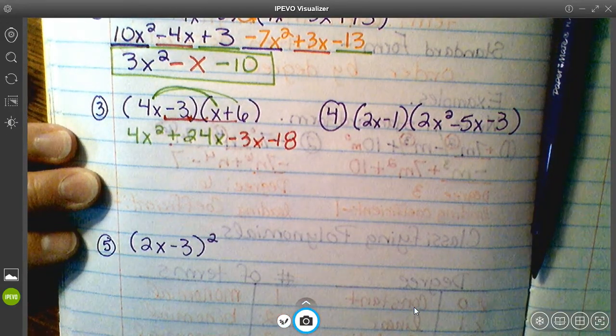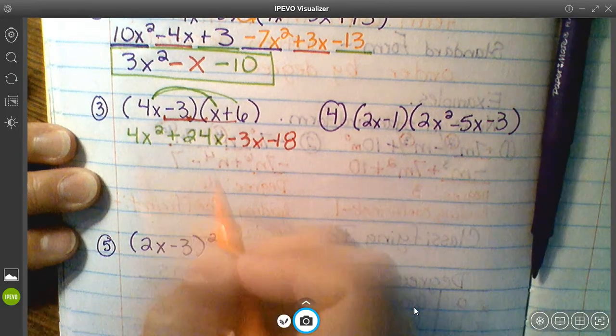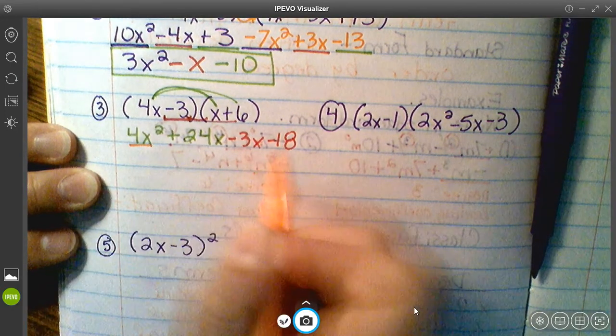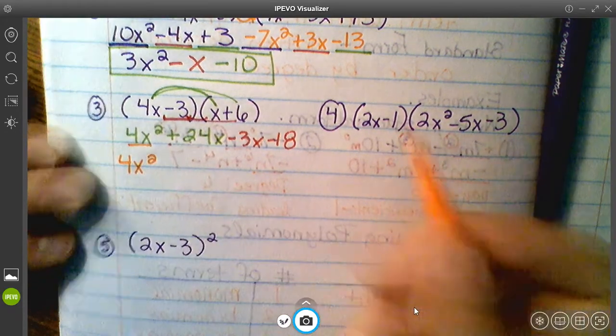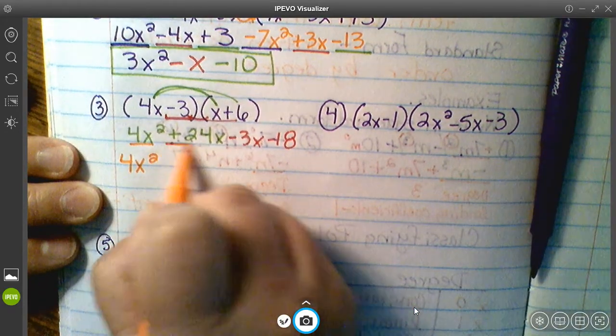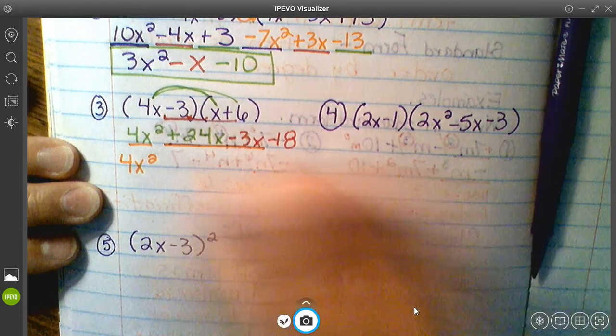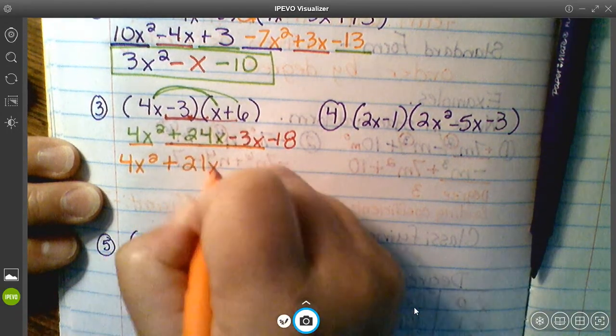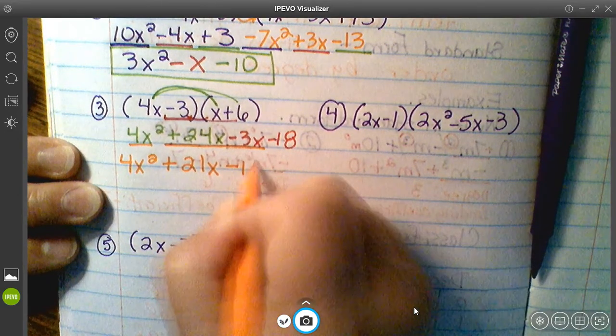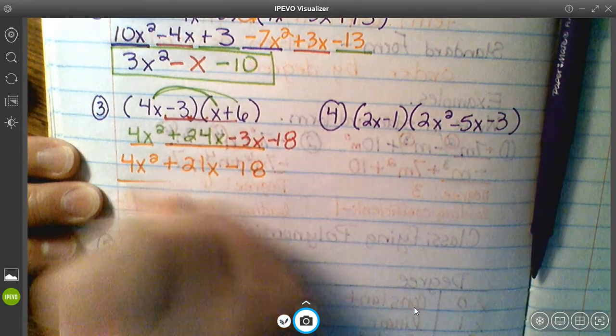Then I need to see what goes together. So I have an x squared here. I don't have another x squared. So that's 4x squared. I have a 24x and a negative 3x. So that gives me a 21x. And then my minus 18, I'm going to just write here.